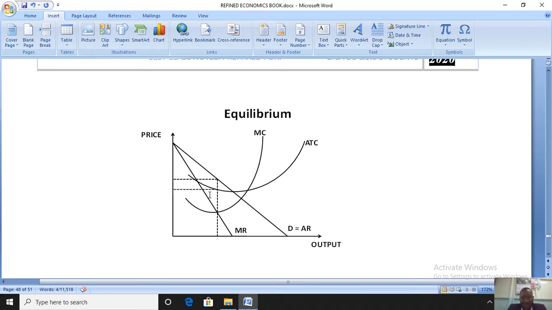Let's look at the allocative efficiency point. Allocative efficiency point is a point where MC equals AR. So allocative efficiency point is there. You notice again that the firm is able to maximize its profit even before reaching the allocative efficiency point, which is that point there. And so we conclude that monopoly firms are inefficient.